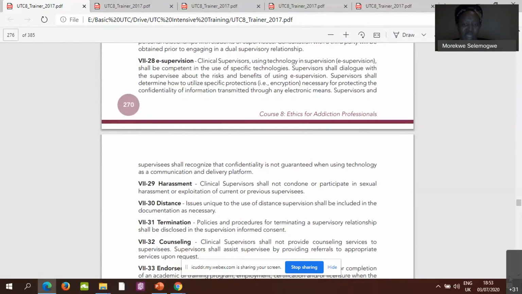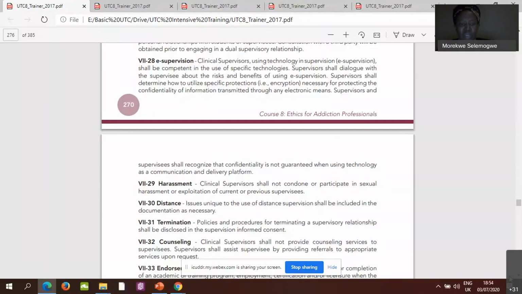Clinical supervisors shall not condone, or participate in, sexual harassment or exploitation of current and previous supervisees. So that one is clear in terms of harassment. Distance issues unique to the use of distance supervision shall be in the documentation as necessary. This is important.